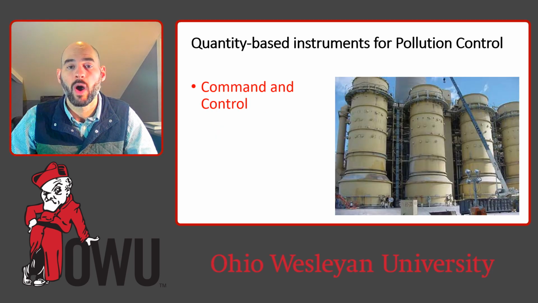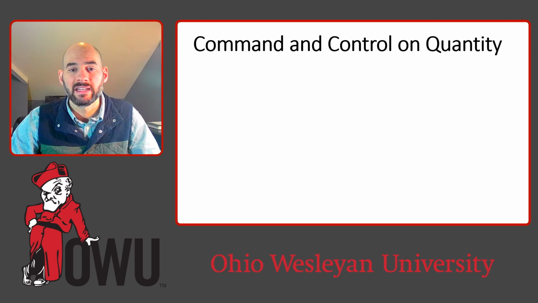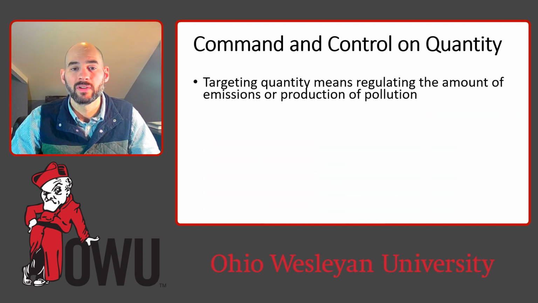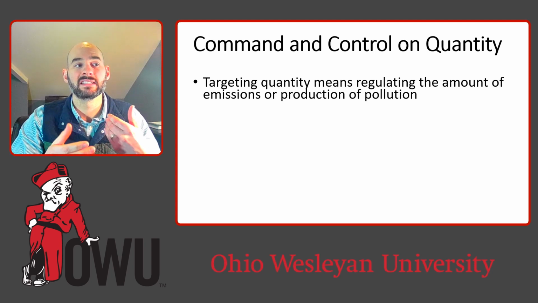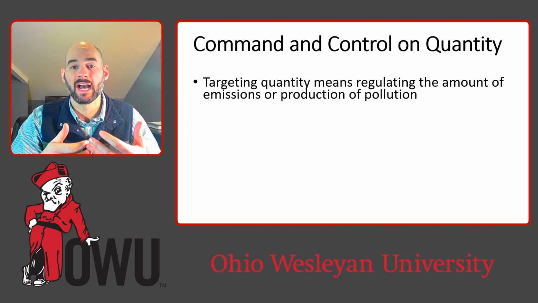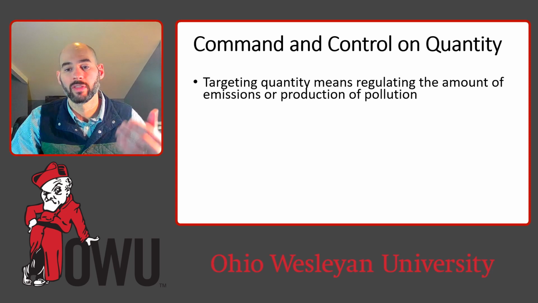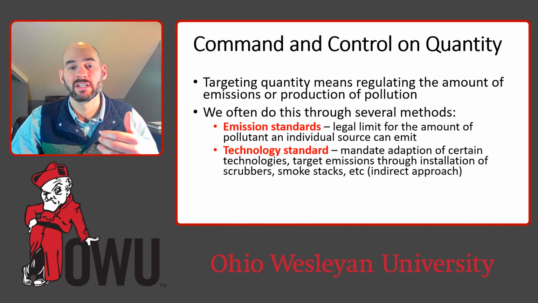The first quantity-based instrument which we're going to consider for pollution reduction is command and control. Command and control is just going to be a way of targeting the desired quantity of pollution which is produced and regulating either the amount of that pollution or the production which leads to that pollution.